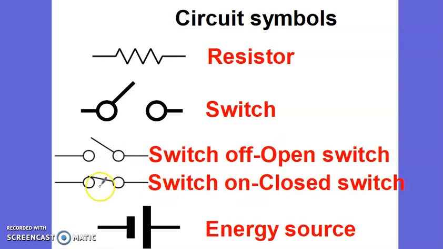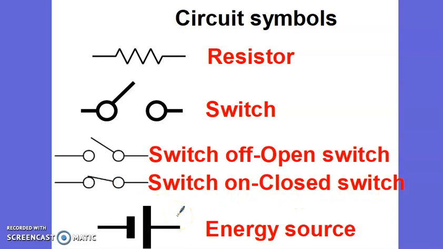And when you switch on the light, for example, you press the switch, then the light bulb will light up, because there is a continuous flow of electric charge or electricity, and that is what we call a closed switch.